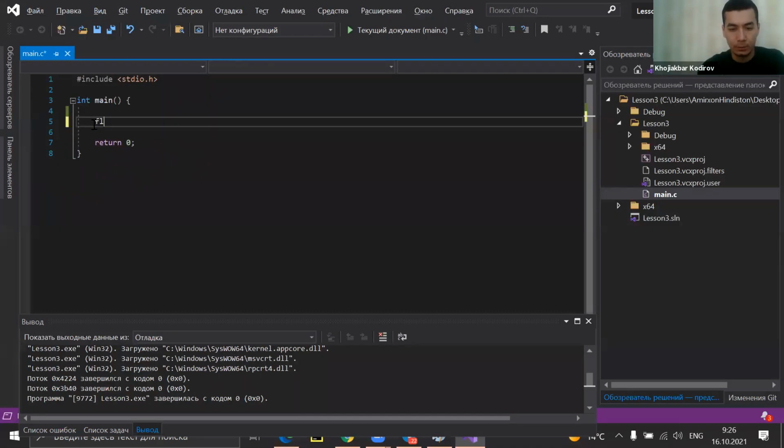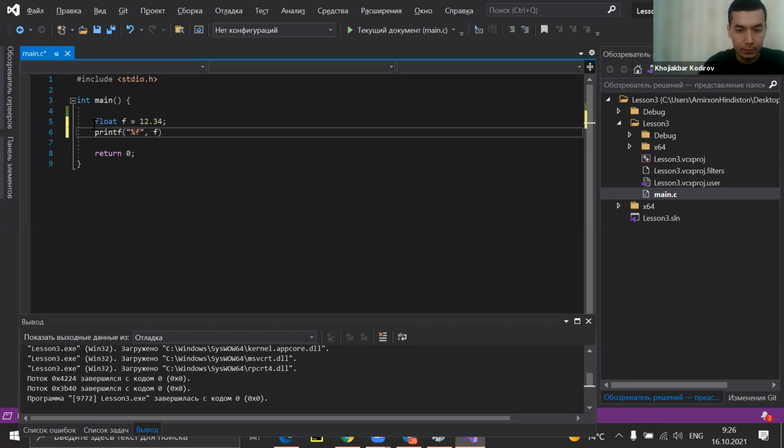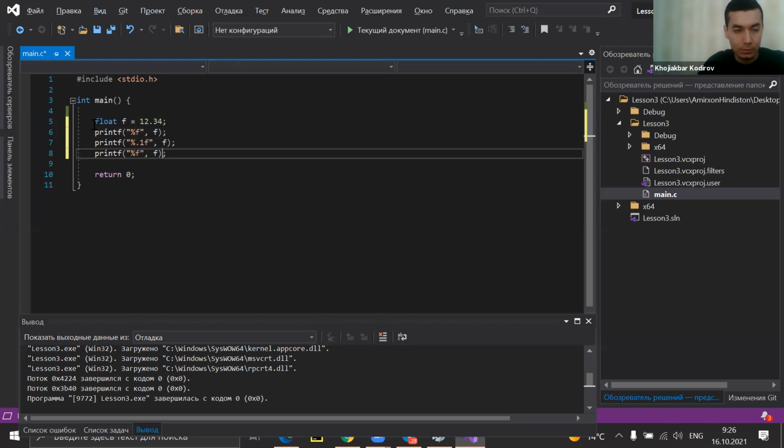Yes, I have a float number called F, and I have here 3.4. Then I say I'm going to print F. Again, this thing, but I will say let's print just one floating part, and I will do the same thing, just 3 numbers in the floating part.